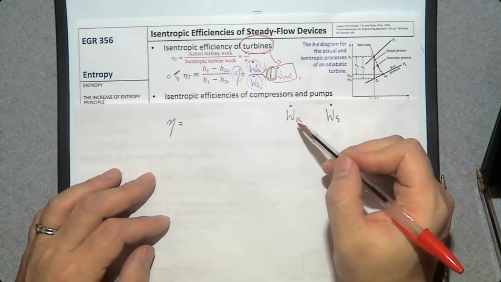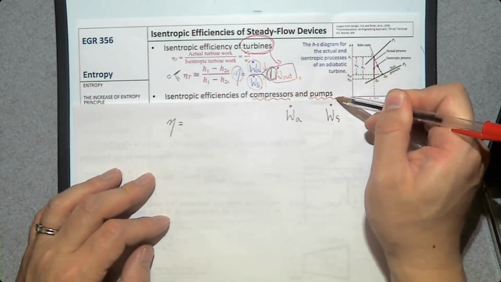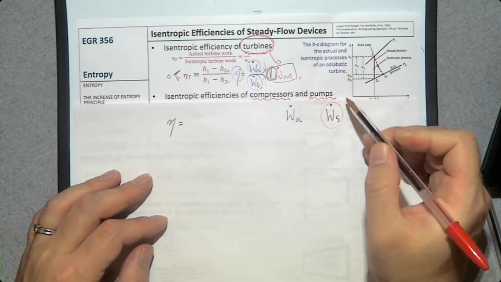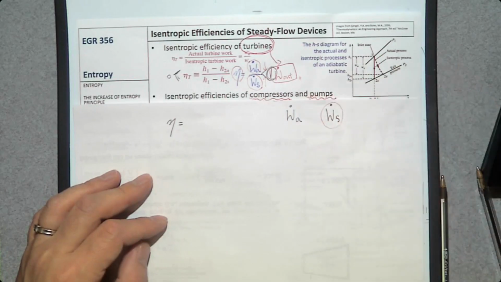You can calculate the power consumed by a compressor or pump, and you can also calculate the power consumed by an isentropic compressor.